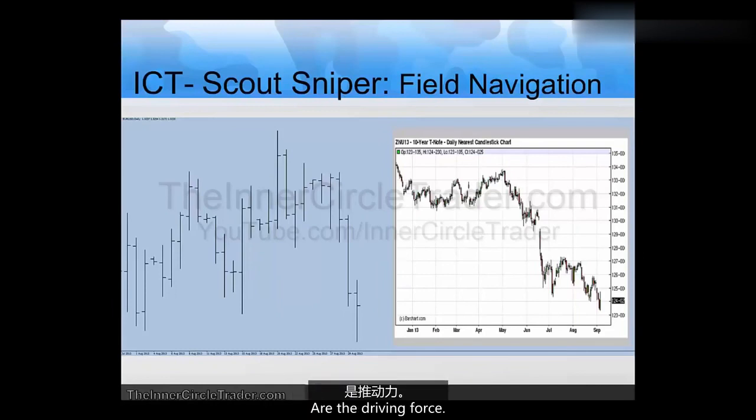Interest rates are the driving force, whether you're a stock trader, commodity trader, currency trader, oil trader. It doesn't matter what it is. Interest rates are the absolute underpinning of market dynamic.